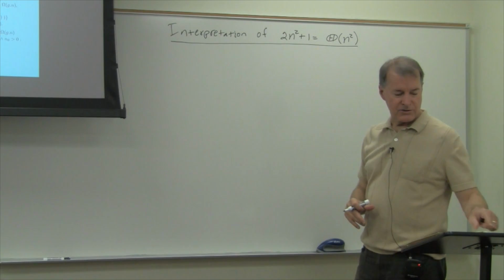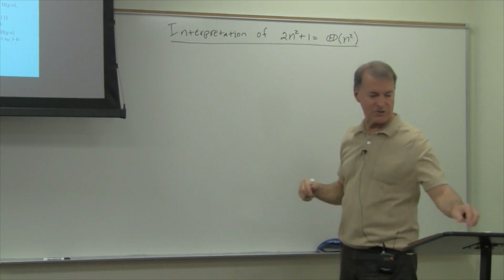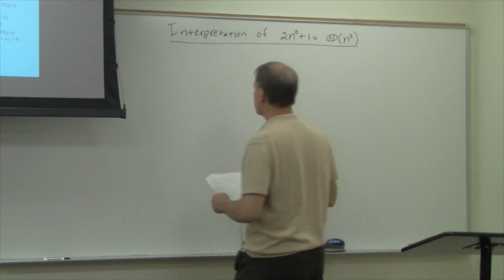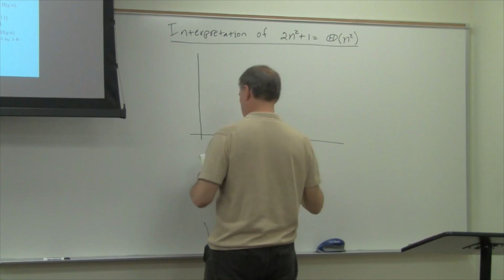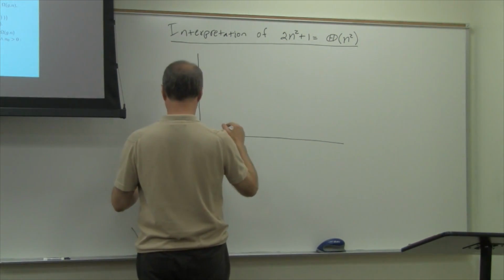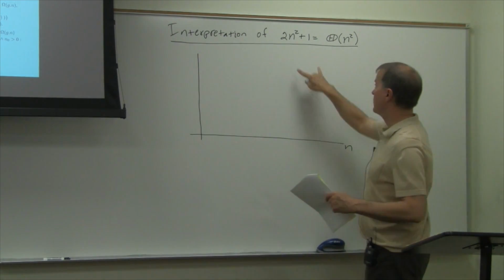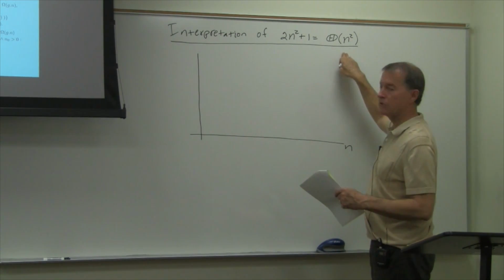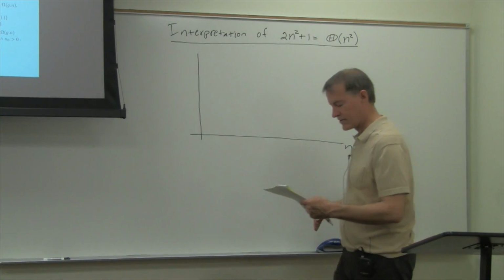Now, in this particular case, what I want to do is give you a graphical interpretation. So check this out, sports fans. Suppose here we're plotting n on this axis, and we're going to plot some functions of n on the y-axis here.